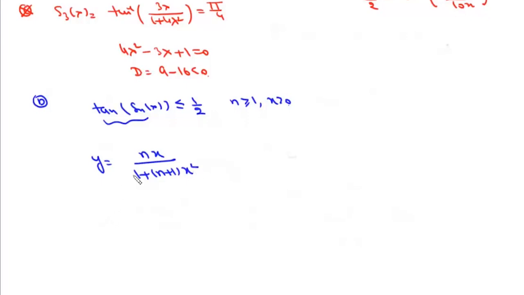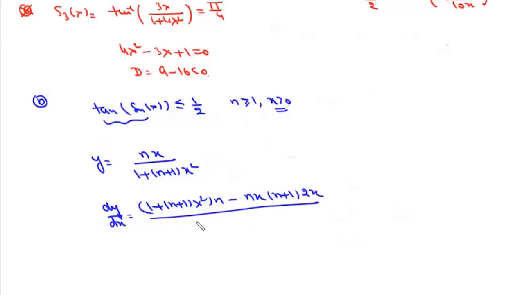Now we'll find its absolute maxima and minima when x is greater than 0. Now we find dy by dx. dy by dx will be 1 plus n plus 1 x square into n minus nx into n plus 1 into 2x upon 1 plus n plus 1 x whole square.